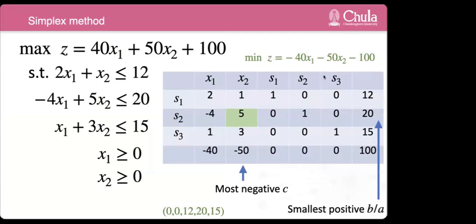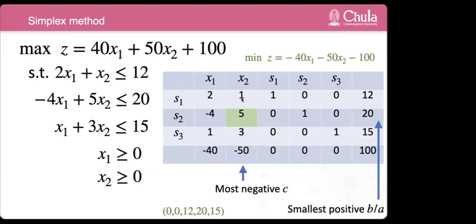In the first round, we have basic variable S1 as 1 and other places 0, 0, 0. S2 is 1, other places 0, 0. So in order to make this position to be 1, we have to divide by 5.